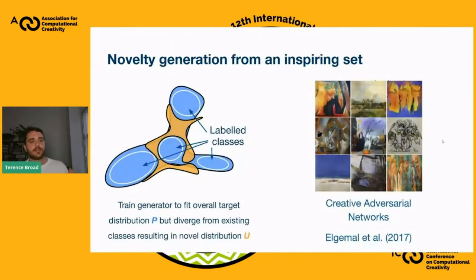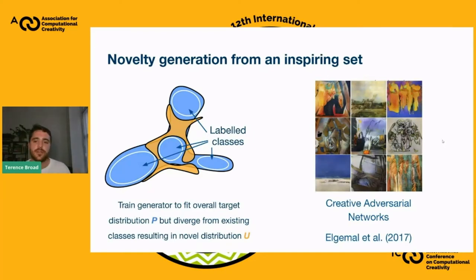The next category of methods in our taxonomy is novelty generation from an inspiring set. Here we're using a training data set, but we are not trying to imitate the data set per se, but use it as some kind of inspiration, and we're trying to train the model in such a way that it generates a novel distribution. A good example of this is the creative adversarial networks, which take inspiration from the GAN framework by Elgamal and others.